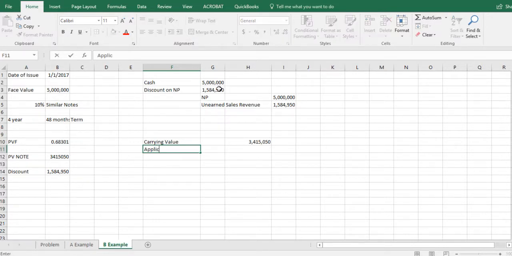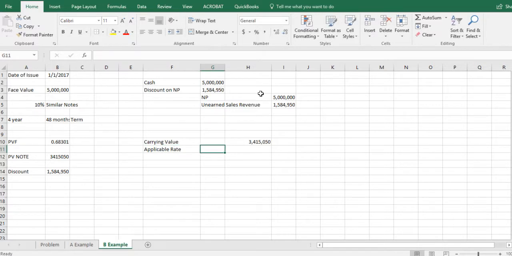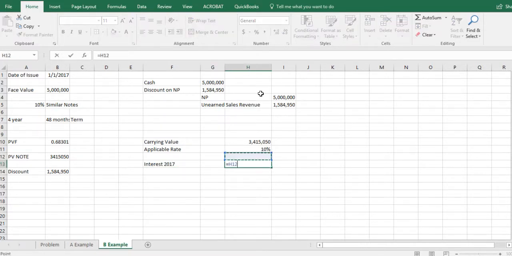We know that a normal applicable rate is 10%. So interest for 2017 is going to be 10% of the 3,415,050, or $341,505.